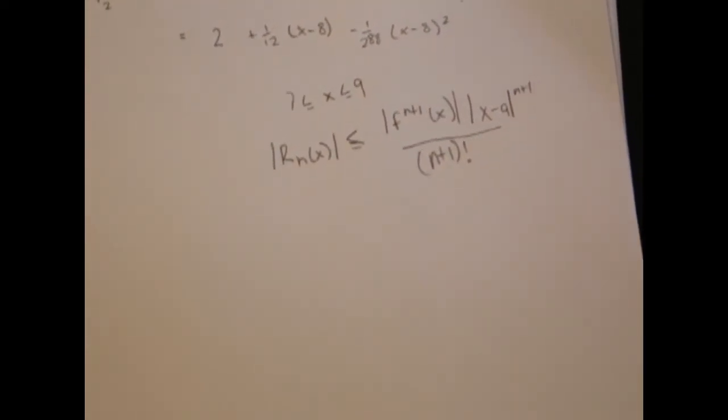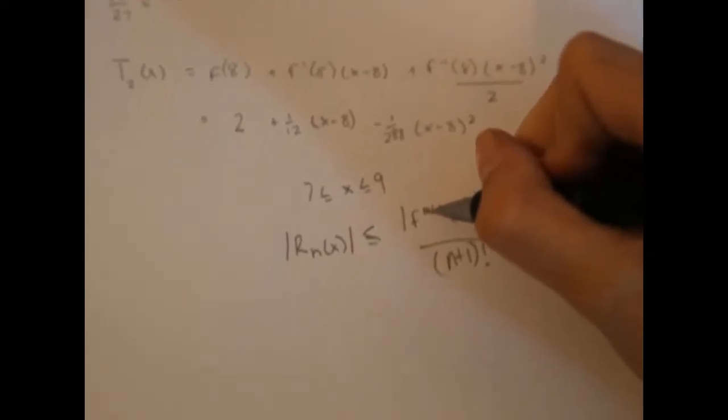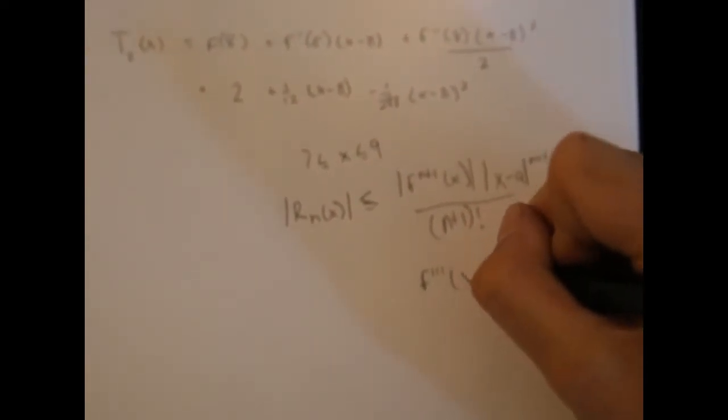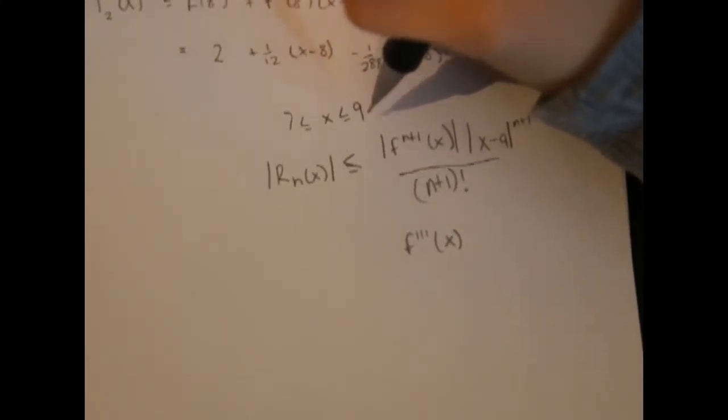So if we have this, we're going to plug in a few things. Our n value is always going to be 2. So we have the third derivative of f of x, and we need to maximize that on the interval 7 to 9.